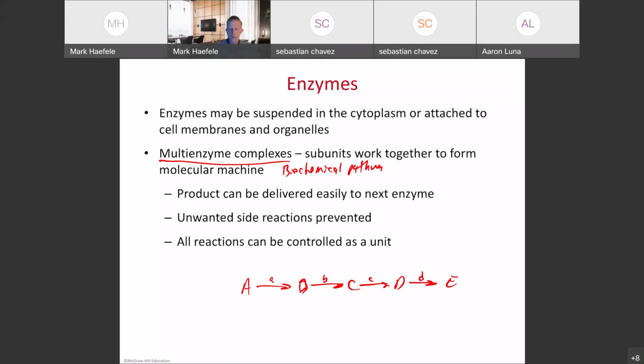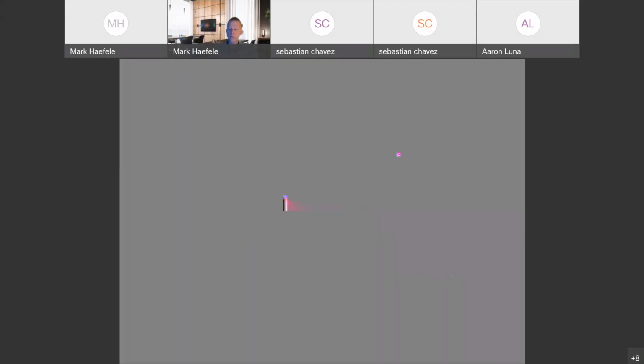In this case, the product of little a, which is B, is the reactant of little b. So you can see how you can link enzymes together in terms of reactions so that you can create this huge pathway, ultimately, which will get you to an endpoint.